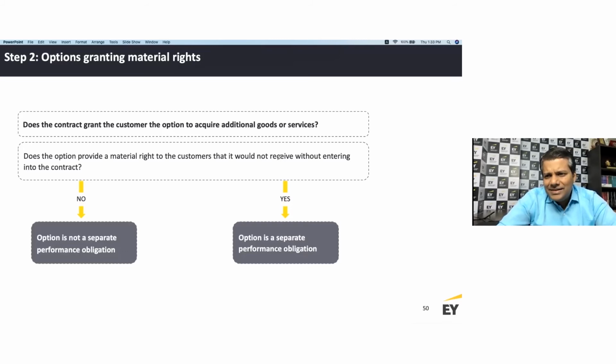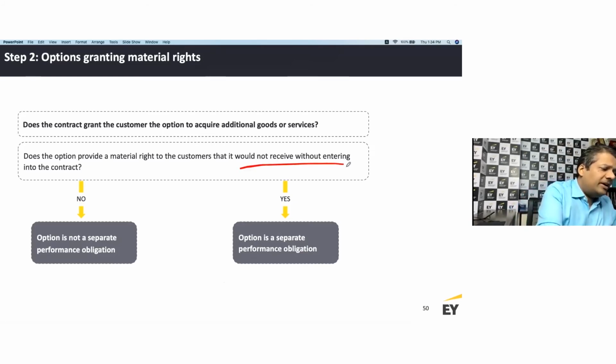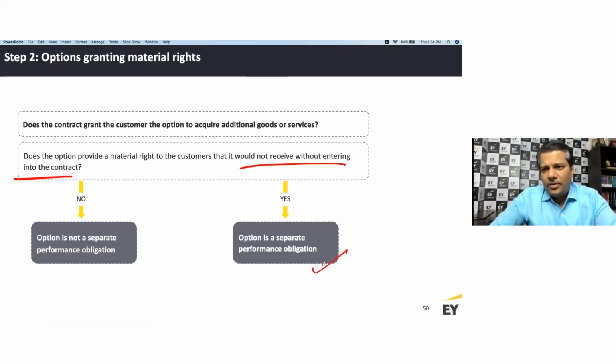So will I receive a discount of 500 if I walk into that store in the month of January? If I don't enter into this contract today, the answer is no, I won't get any benefit. So there is a right, I'm going to benefit, and hence it's a separate performance obligation from that perspective.